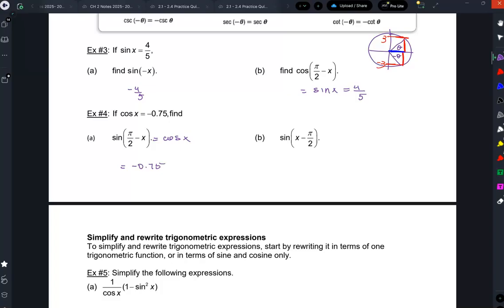But how is this different? It's the negative, it's opposite. So this is the same as sine of negative pi over 2 minus x.